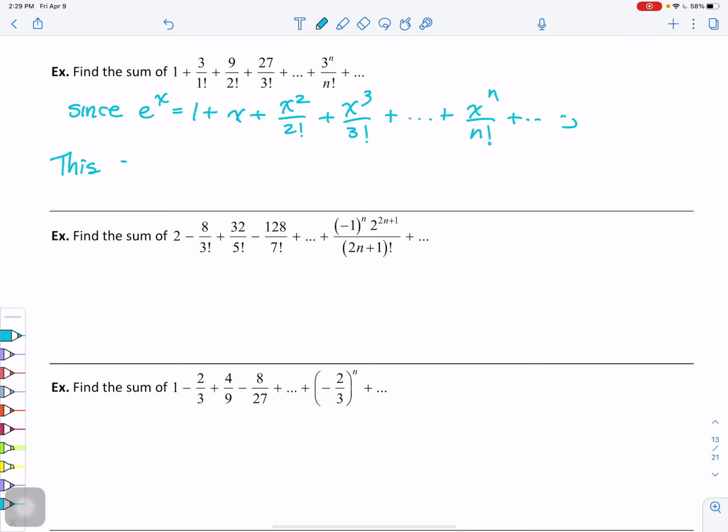This series is e cubed, okay? As you can see, everywhere there's an x, we have a 3, okay? And so, you can see here that the sum is e cubed.